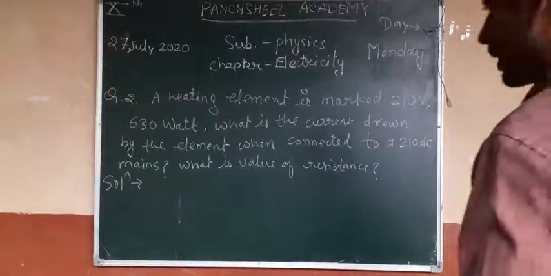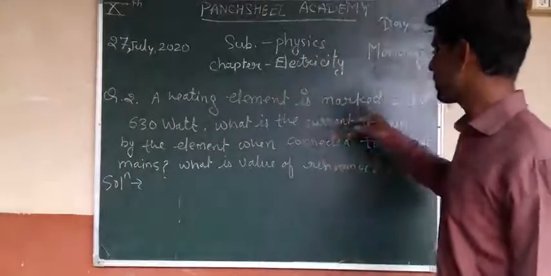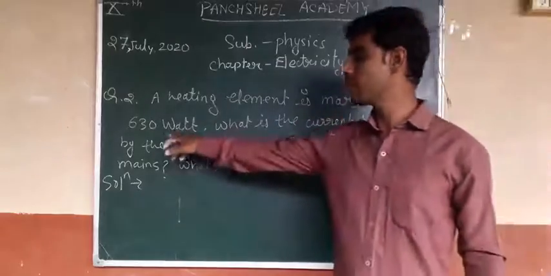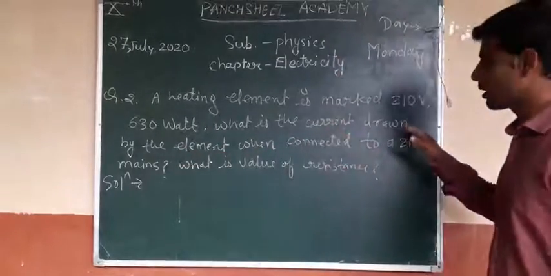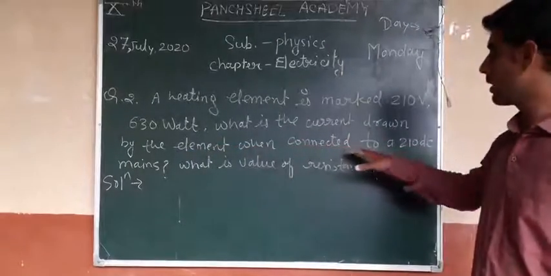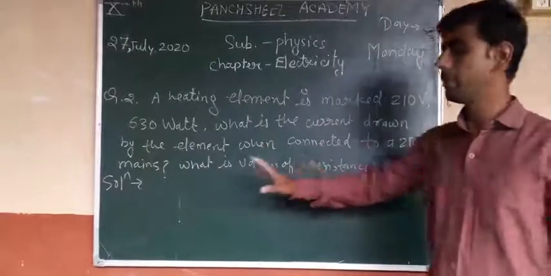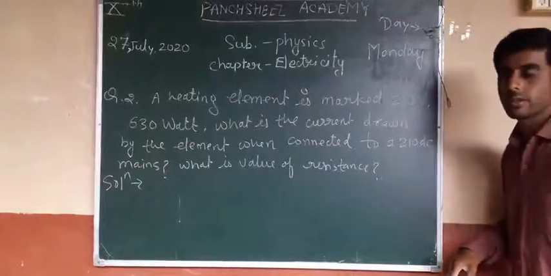This is another numerical. A heating element is marked 210 volt 630 watt. What is the current drawn by the element when connected to a 210 volt DC mains? What is the value of resistance?